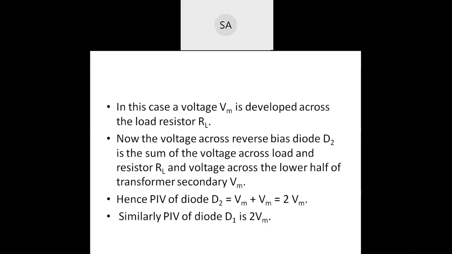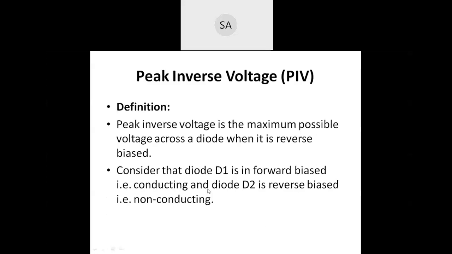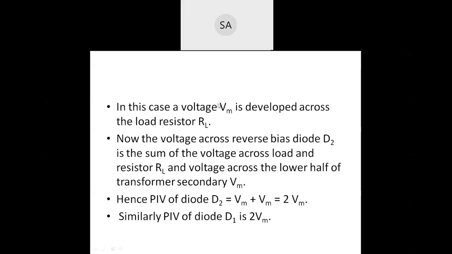So what is happening here? The voltage Vm is developed across the load resistor RL. Now consider the voltage across the reverse biased diode D2. When D1 is forward biased and conducting, diode D2 is reverse biased, that is non-conducting. So the voltage across the load resistor is Vm. But the voltage across diode D2 is the sum of the voltage across the load resistor RL and the voltage across the lower half of the secondary of the transformer, Vm.